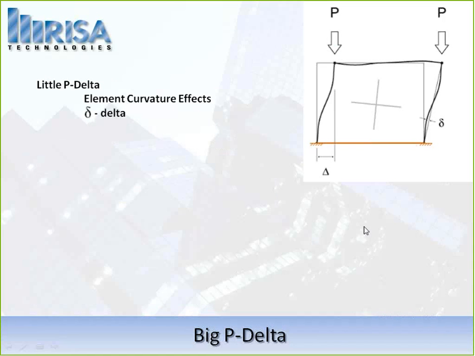Now, the little P delta effect is the curvature that's happening. You've got the big P delta that we talked about, this delta, which is that corner node and its distance of deflection from its original location. But you also have what we have termed an element curvature effect.